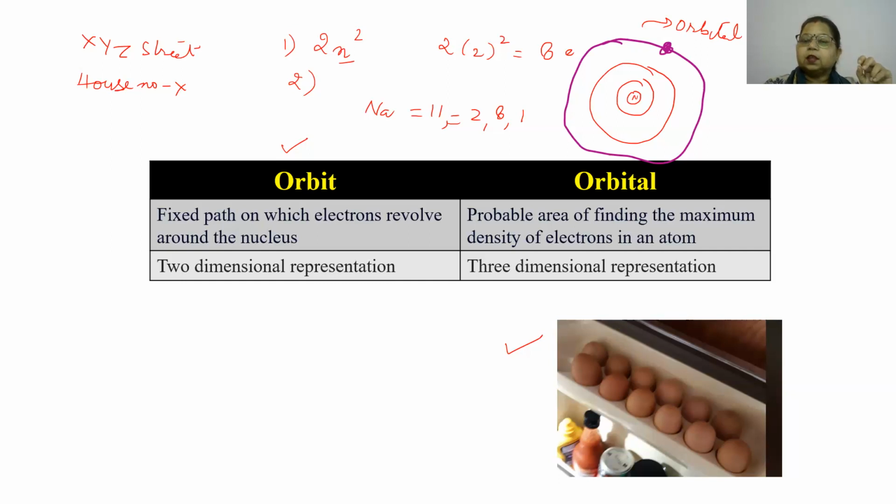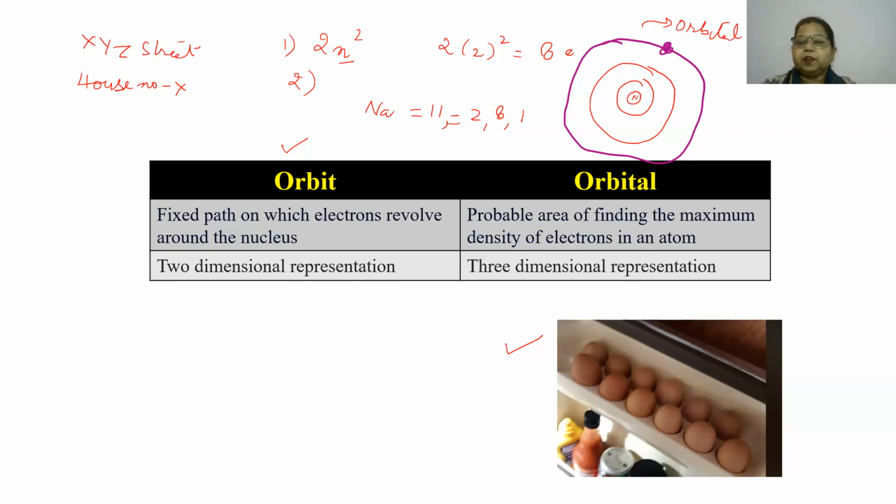The only difference between this example and orbitals is that orbitals are of various shapes and sizes, right? We'll take them up in the next few minutes. They can be S, P, D, and F. S is the smallest and F is the largest one, right?